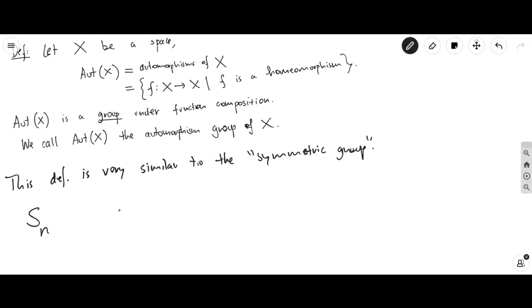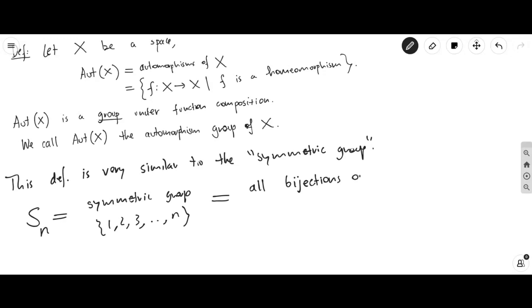So Sn, the symmetric group on n objects. You can just assume that your objects are the integers from 1 to n. And this is all bijections of this set, all possible bijections.